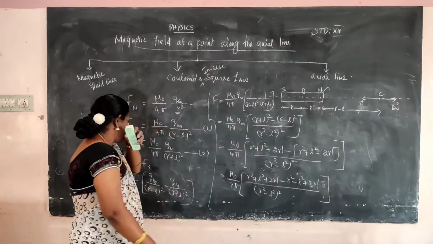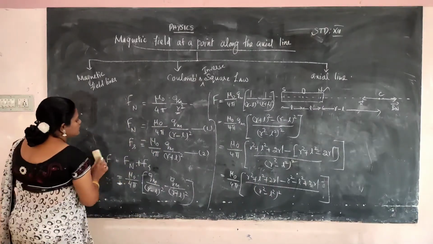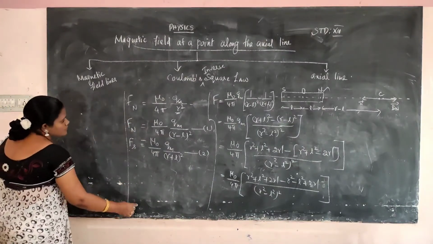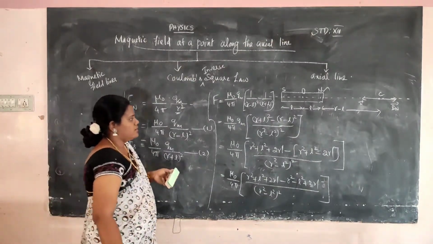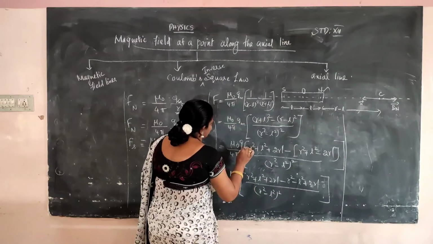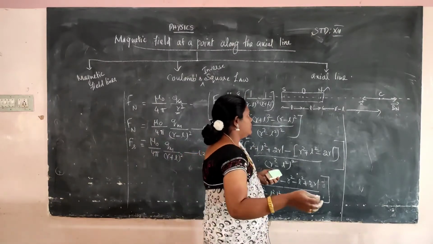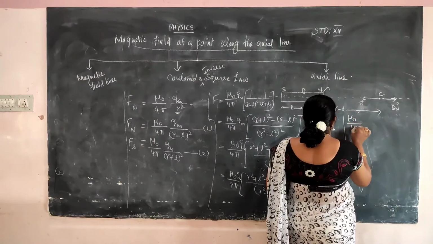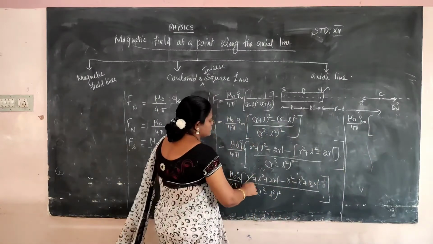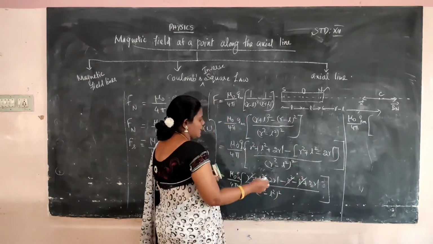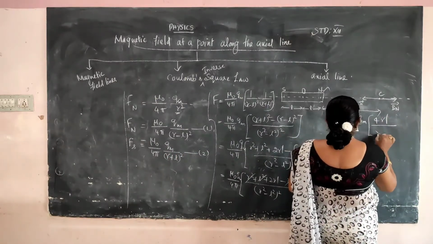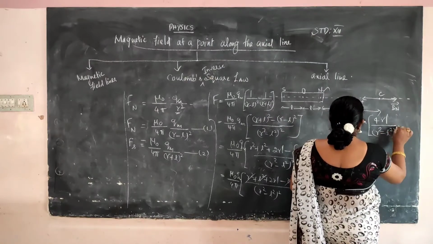Then, simplifying the steps: r square cancels, L square cancels, balance 4rL by r square minus L square the whole square.